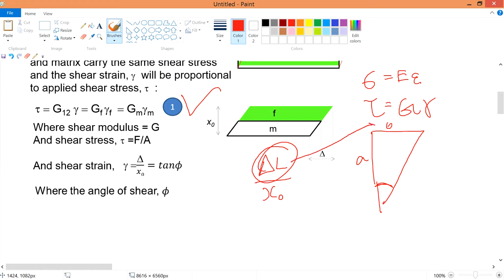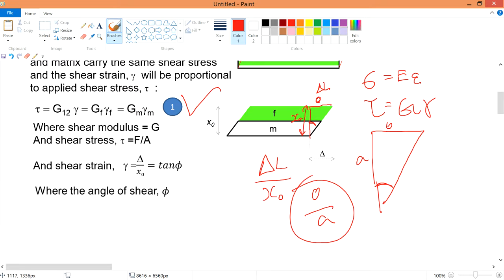This is your O, your change in length, and over here this is your x0. So it's opposite divided by adjacent, and therefore you would know that this is actually a tangent. You are taking the tangent of this angle, because of the opposite over adjacent relationship that is occurring over here.